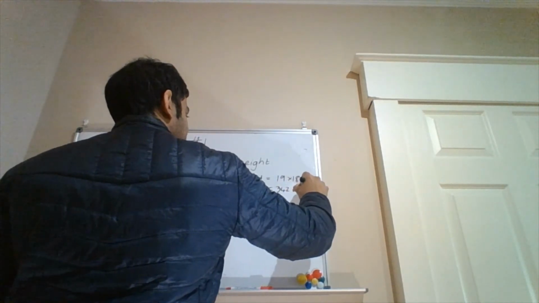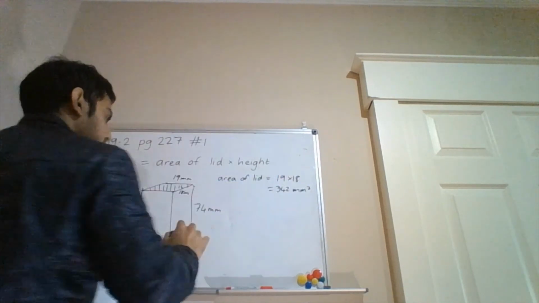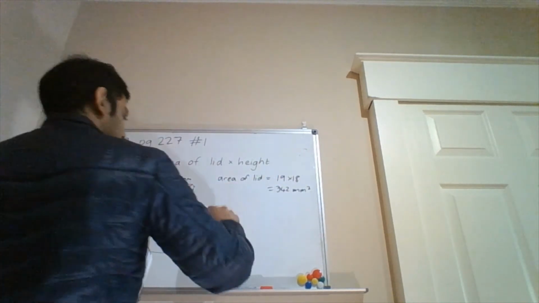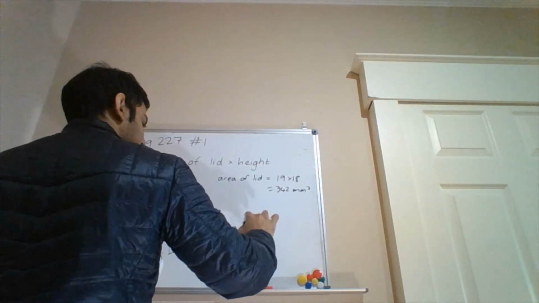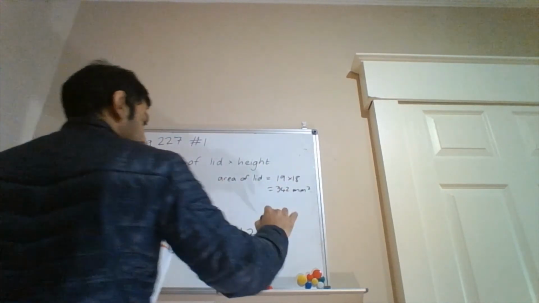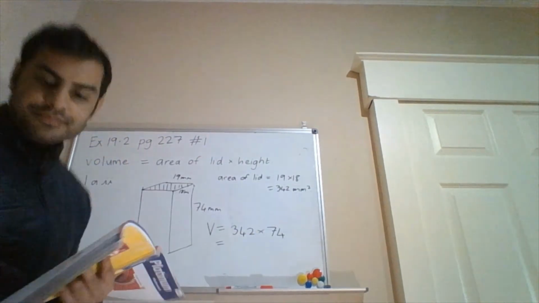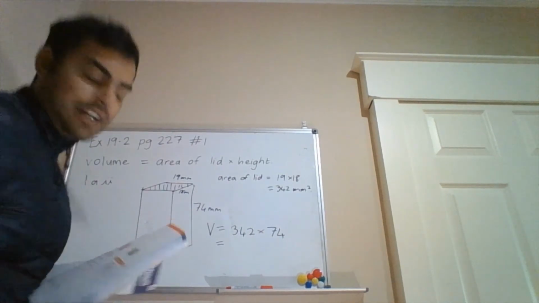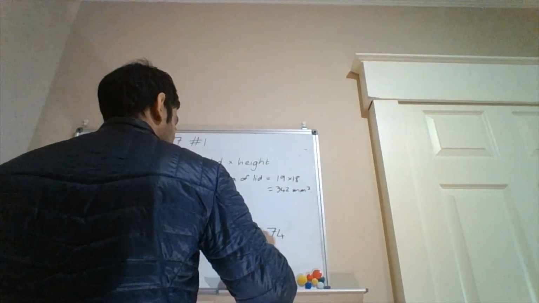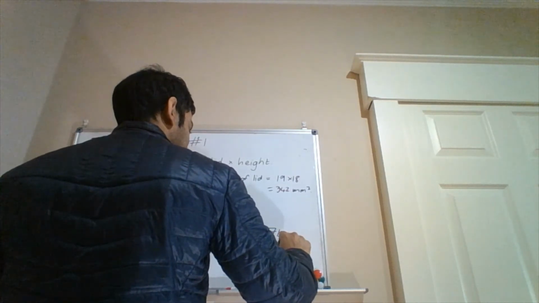Our unit is millimeters squared. Remember, area is squared. Now to find the volume, I take the area of the lid, which is 342, and times it by our height, which is 74. I get 25,308, and our unit is millimeters cubed.